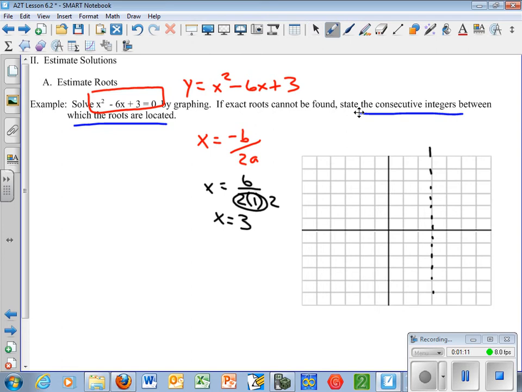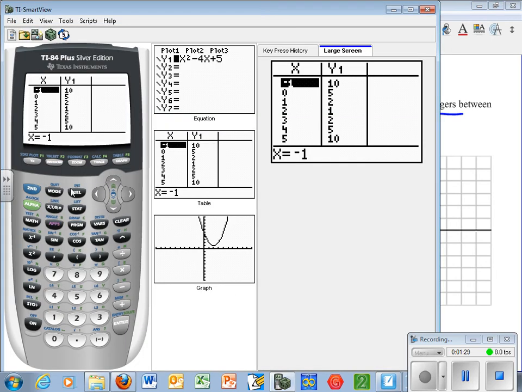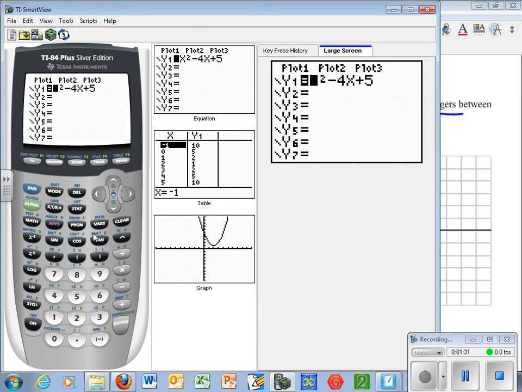Okay, so that means when I make my table, I know I have to put 3 in the middle, because that's where my vertex is. So let's go ahead and plug in x squared minus 6x plus 3 into our y equals first to get our table.